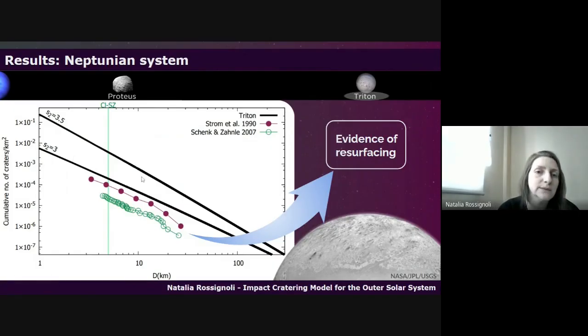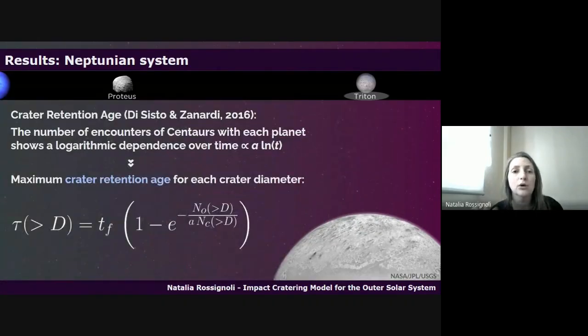So we are estimating craters that have already been obliterated. So in this case, when we have an overestimation that is large and is consistent along every crater size, we can compute what we call the surface age or crater retention age.